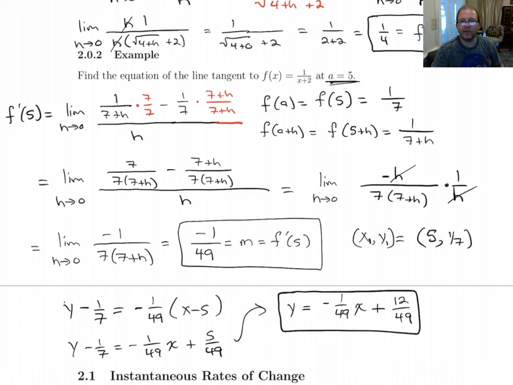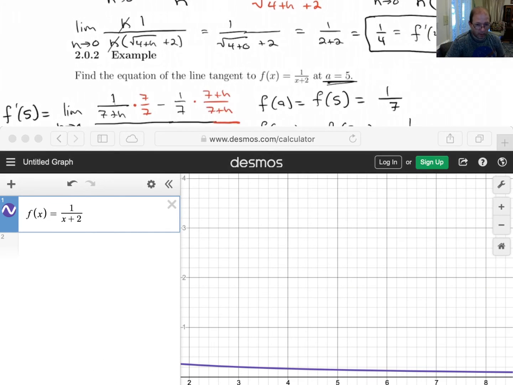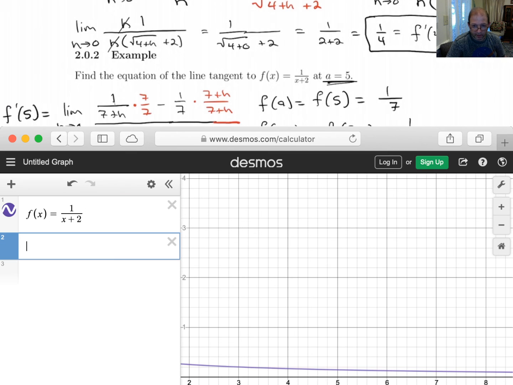Let's check that up on Desmos. So on Desmos, my function is f of x, is 1 over x plus 2. And we're interested in the point 5, 1/7.